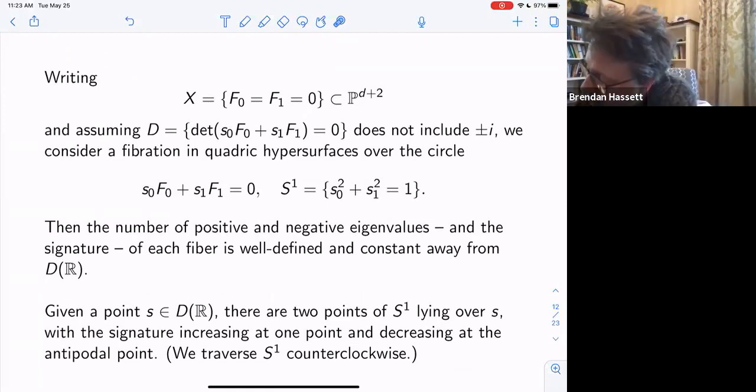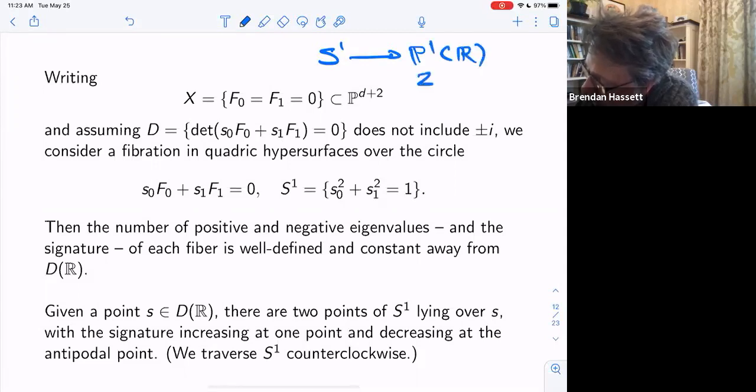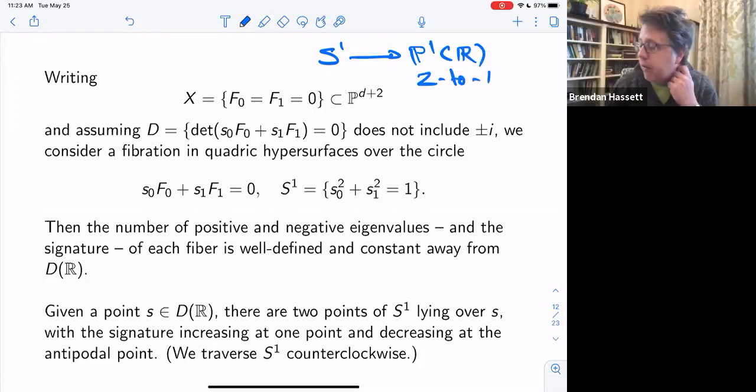The way I'm thinking about this, maybe a little bit strangely, is I'm thinking of S1 as mapping to P1 of R in the standard 2-to-1 antipodal map, so that I identify opposite points. The only reason to do this is so that the number of positive and negative eigenvalues of the corresponding quadratic forms is well defined once I do this base change.